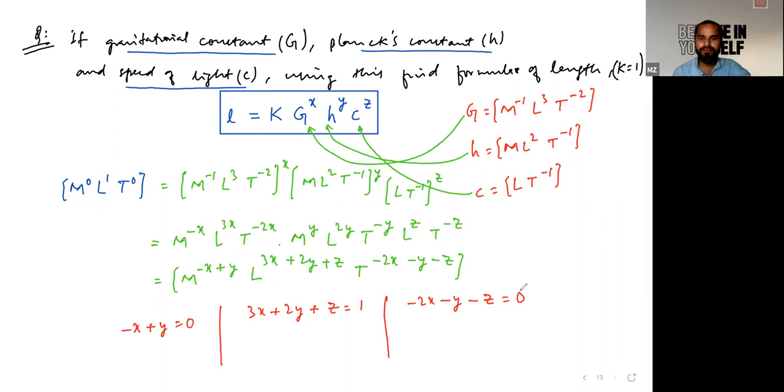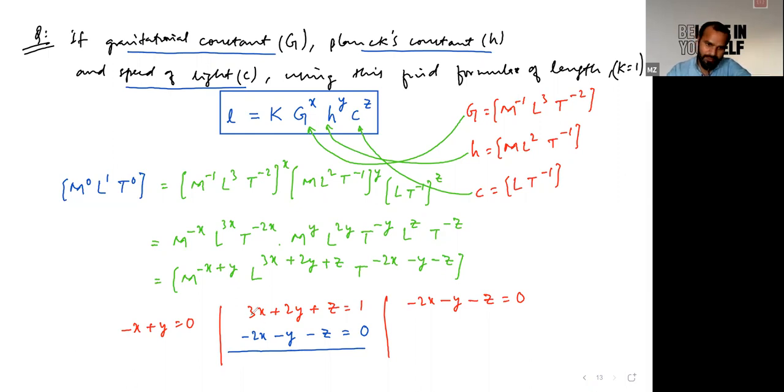Sir, I got the same thing. Good. So first of all, it will be easier if you add this equation and this equation. So if I put this equation here, it will be minus 2x, minus y, and minus z equals 0. Now simply add them.